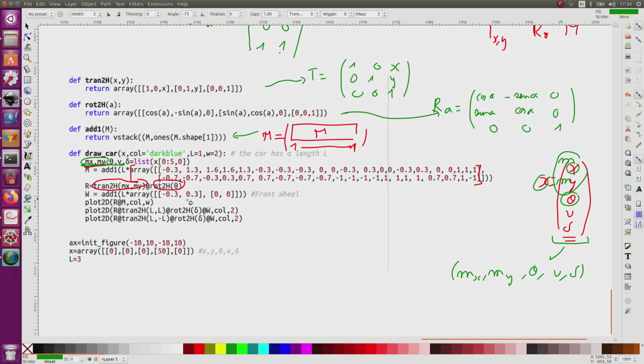Now for the wheels, I build the front wheels here, and both of them will be rotated by delta.